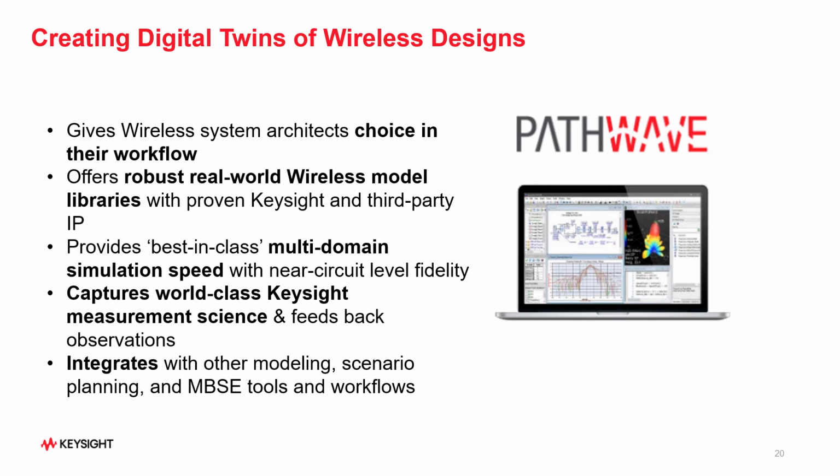It also helps integrate with other modeling as well as scenario planning and MBSC tools and workflows. It is pretty challenging to bring real world environments into a digital twin. However, typically when we talk about complex systems that integrate real world environments, the platforms move and reorient, changing the wireless propagation and interference.